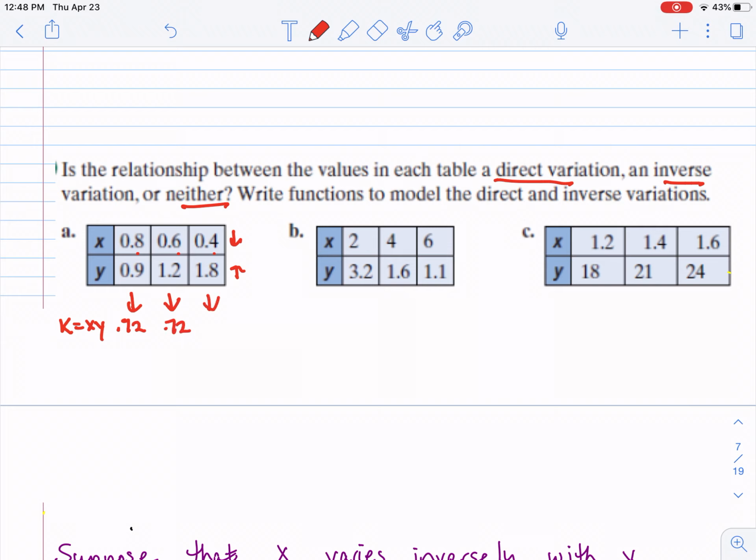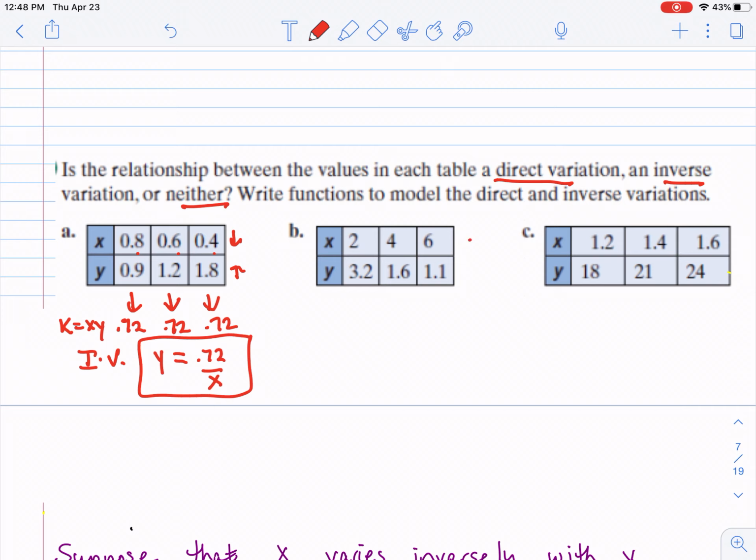Let's multiply these. 0.4 times 1.8 comes out to be 0.72. So this must be an inverse variation, and my k is 0.72, so my equation will be y is equal to 0.72 divided by x.